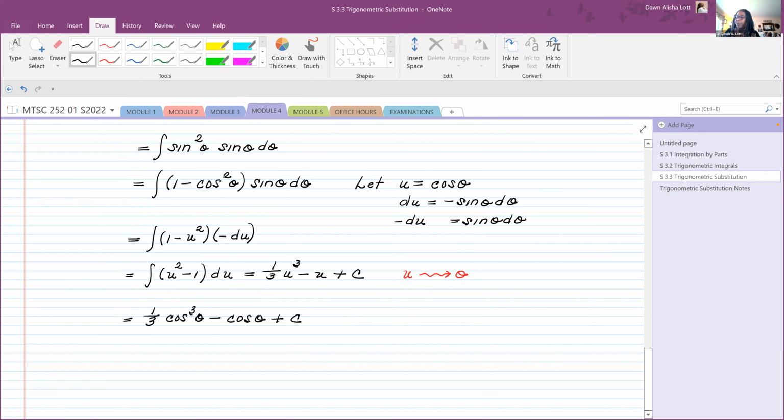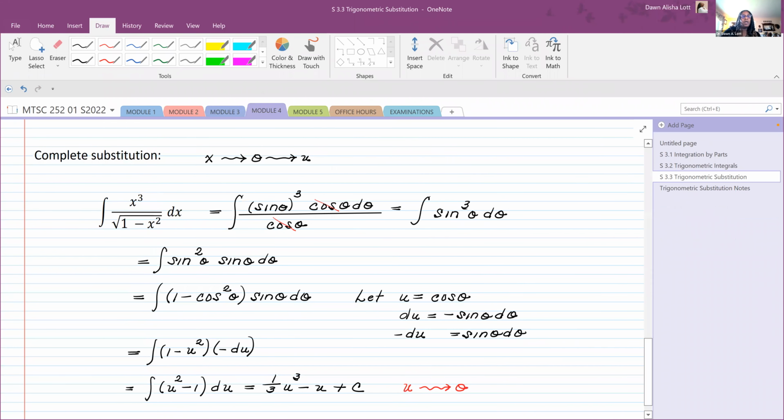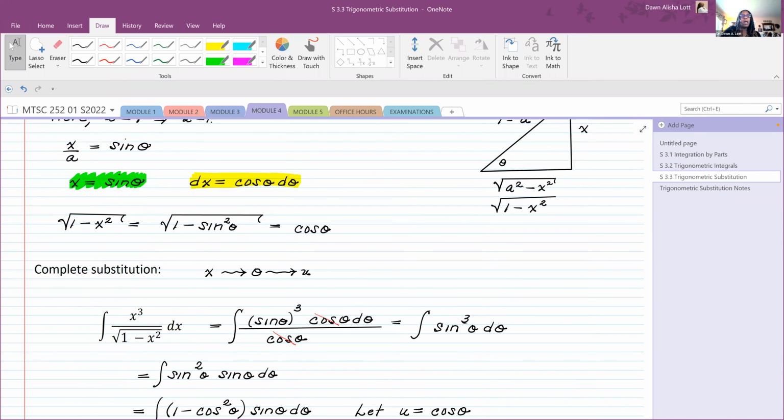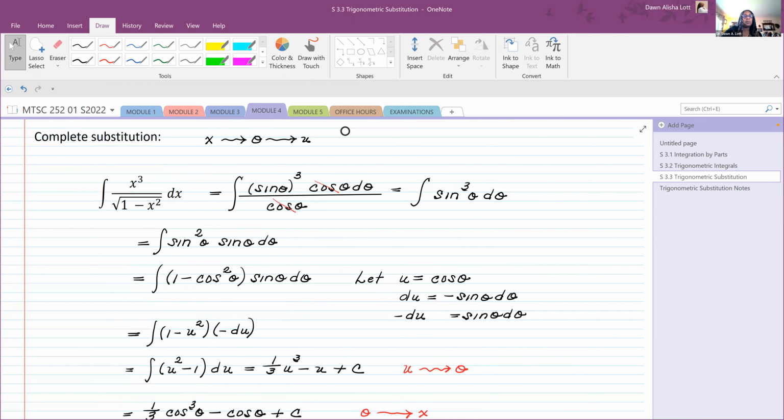Okay, so now we're in theta. So now we have to go from theta back to x. So we go back up here. And what is the cosine of theta? Here it is. The cosine of theta is the square root of 1 minus x squared.